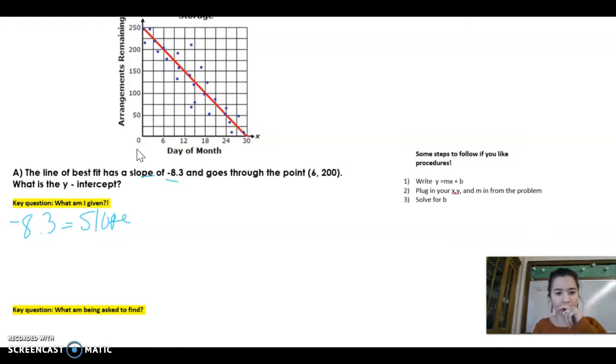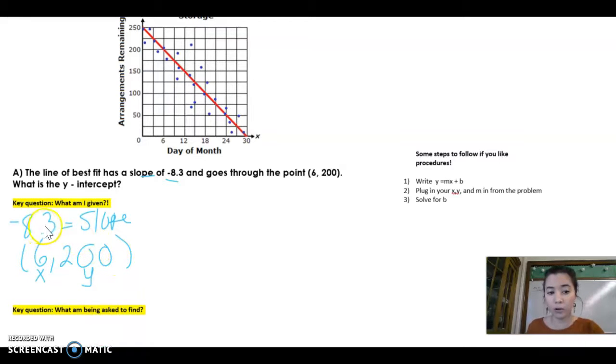And then what else am I given? The 6 and the 200. Okay. Now, what is the 6 and the 200? It's a point, but more specifically, what is my 6 and what is my 200? 6 is my x, 200 is my y.